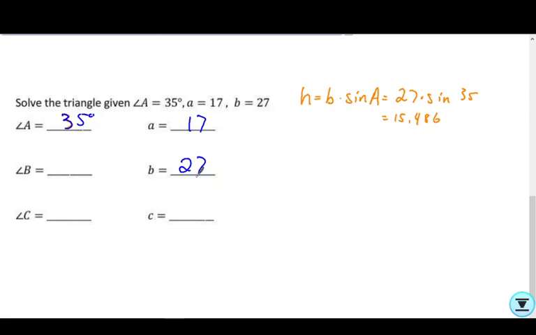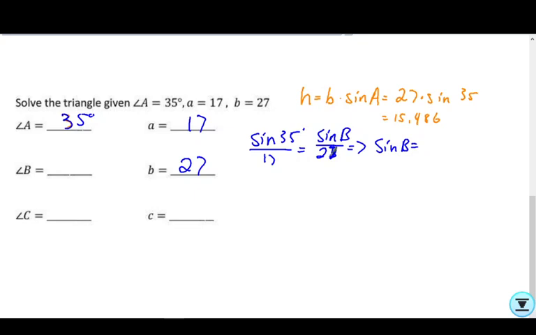Okay, so now we're just going along like we normally do. We set up our ratio: sine of 35 degrees over 17 equals the sine of B over little b. When we cross multiply, we're going to end up with, let's see, oh, this is 27, sorry, 27.